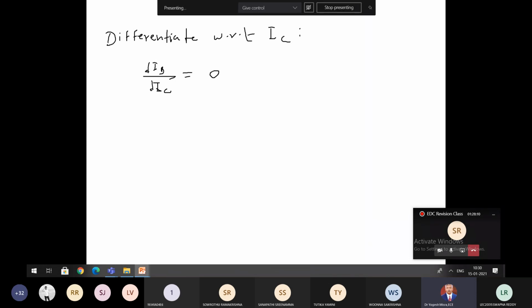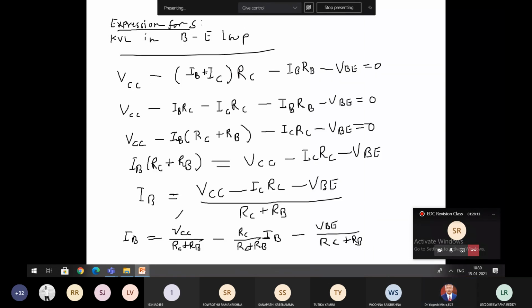Then the next term has IC. So the differentiation of the second term with respect to IC will give you minus RC by RC plus RB.